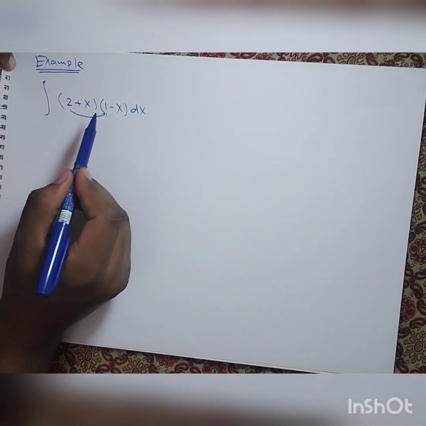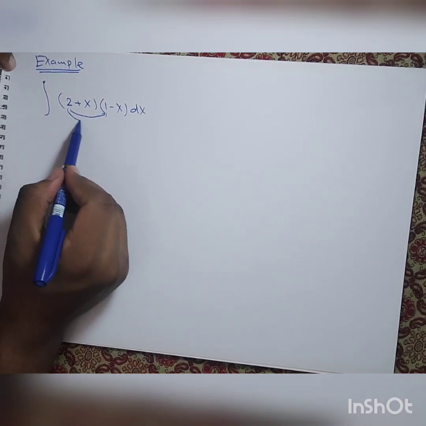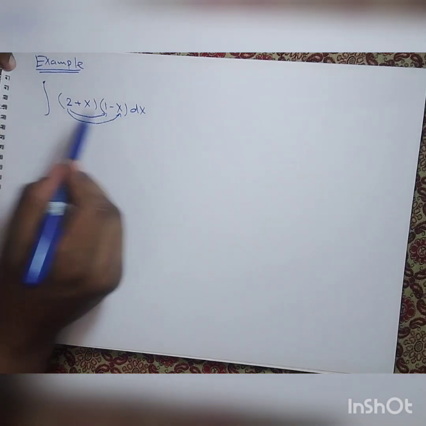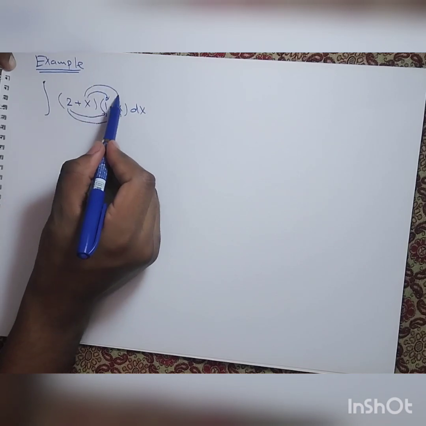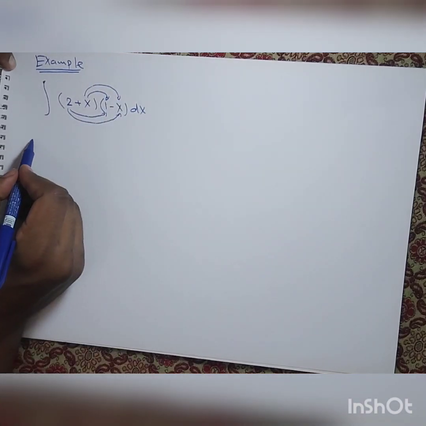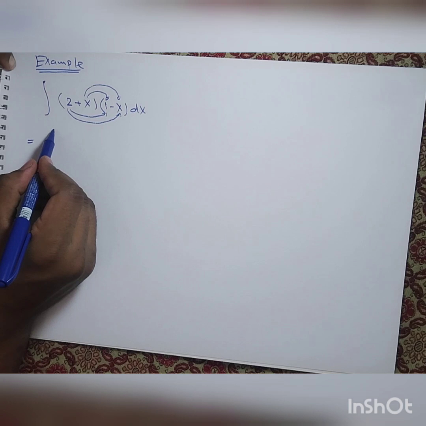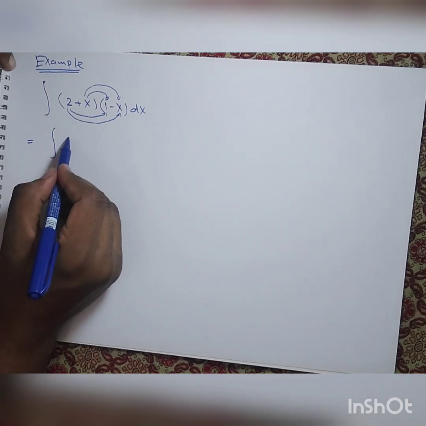So we distribute, we multiply 2 by 1 and we multiply 2 by negative x. Then we multiply x by 1 and we multiply x by negative x. So this integral can be written in this form.